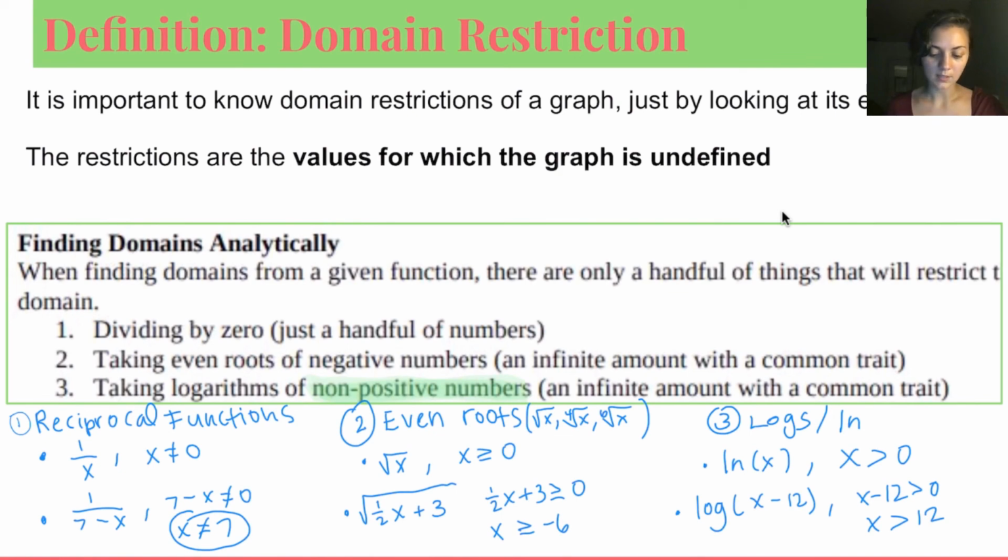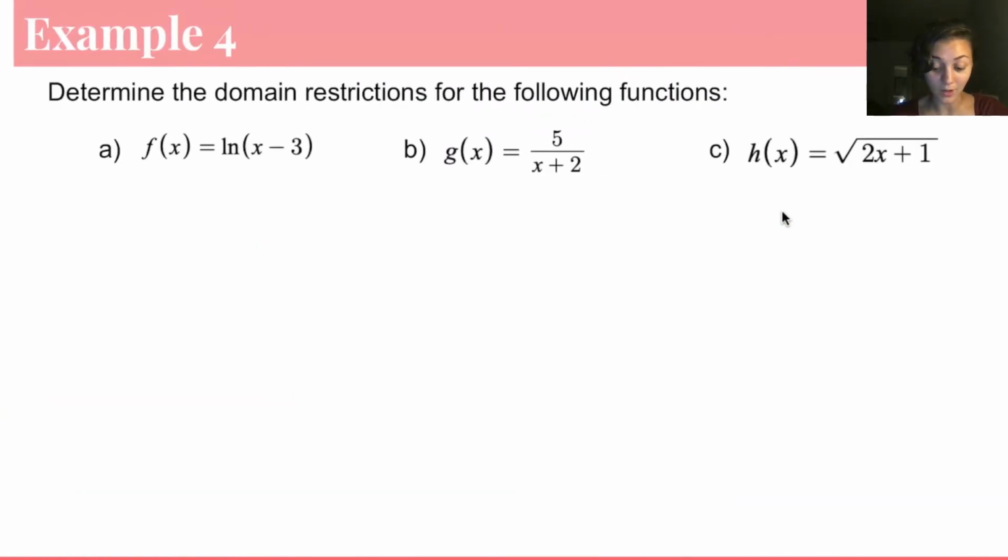Okay, so let's look at some slightly more challenging examples, but not really, I feel like you got this. So determine the domain restrictions for the following functions. I see that I have an ln, so I need you to try not to look at your notes and think, all right, what numbers are not allowed to be in a log?